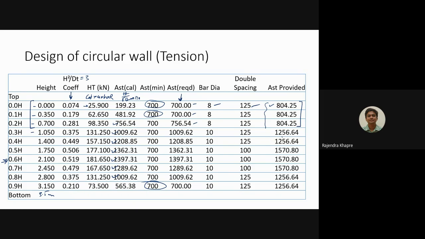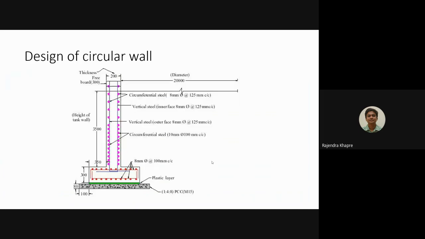Now this is the second region, from a height of 1.05 to 1.4. Here we are using 10 mm bars at 125 mm center to center, which is going to give us an AST of 1256.46, which is greater than the AST required over here.